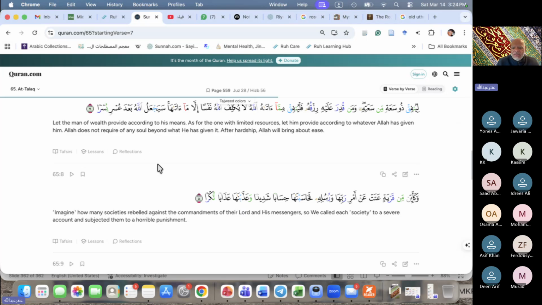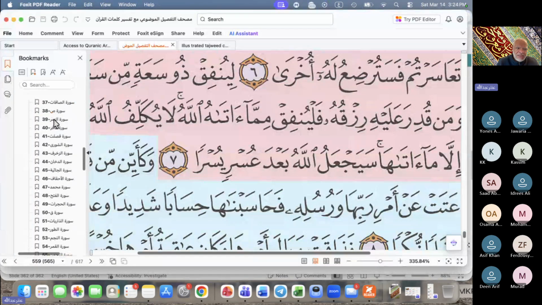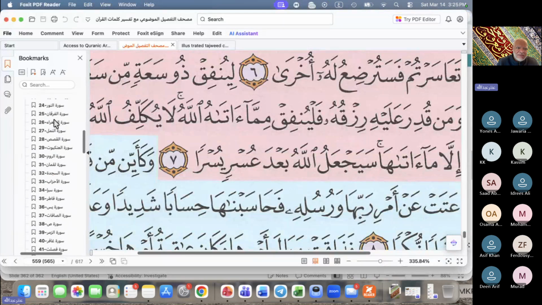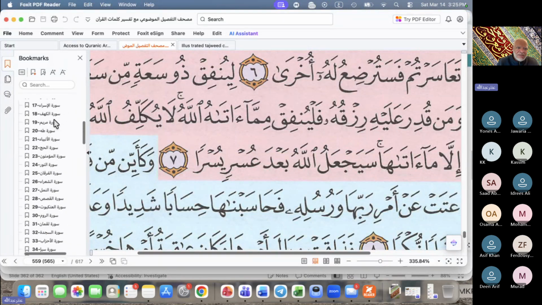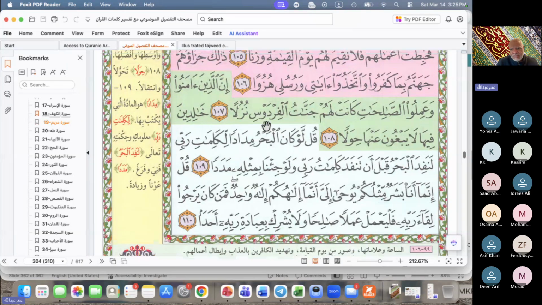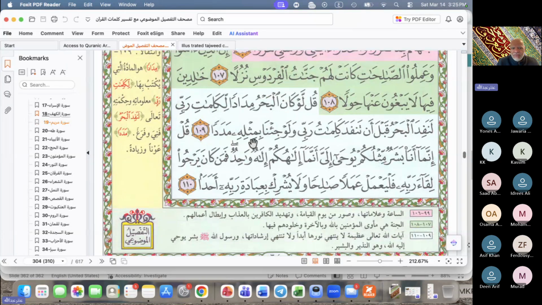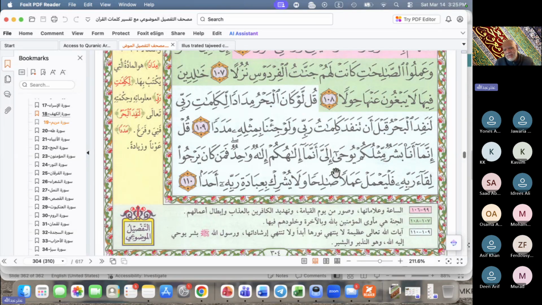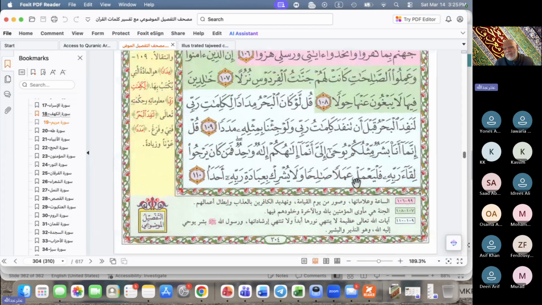At the end of Surah Al-Kahf that we recite every Friday, the last part of Surah Al-Kahf, last sentence, فمن كان يرجو لقاء ربه فليعمل عملا صالحا.